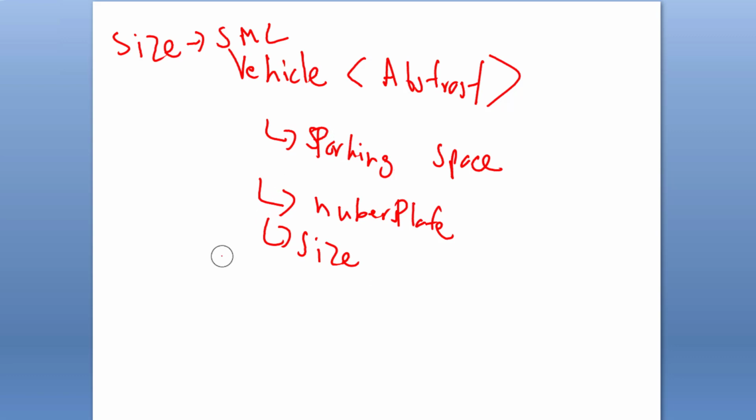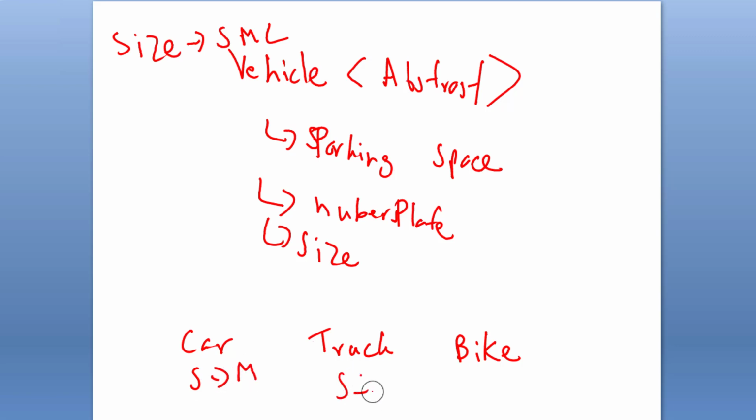Size is as usual an enum of small, medium or large. Now this vehicle will be extended by three other classes. One is car, other is truck, and other is bike. Now these three classes will inherit all these properties from this vehicle class, but car will have the size of medium, truck will have the size of large, and bike will have the size of small. Hope it makes sense.